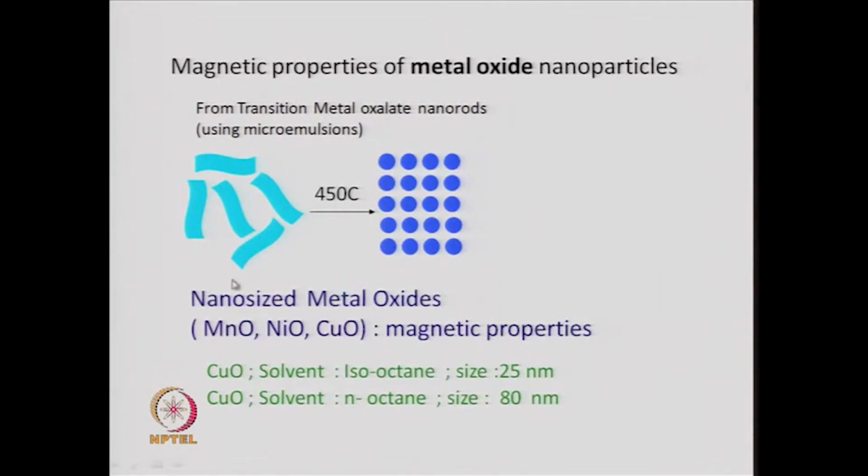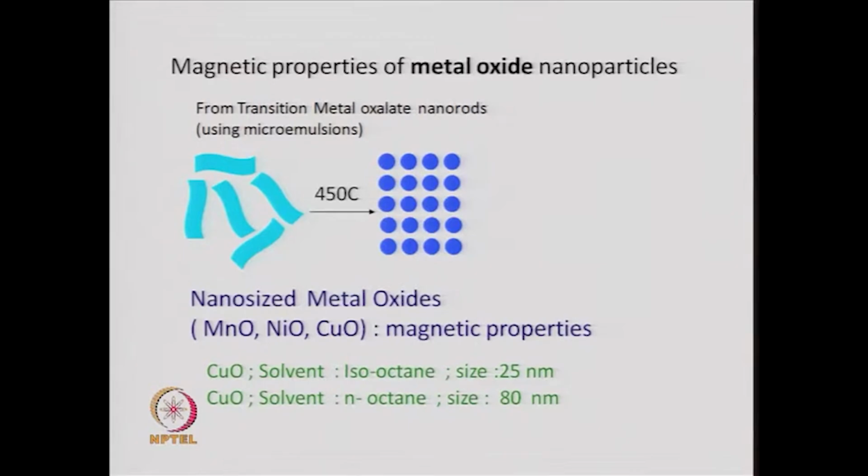Now, here we discuss how we are going to make these metal oxide nanoparticles, and one of the methods which has been used to a large extent is to first make transition metal oxalates and their nanostructures. Many reports are there where nano rods of transition metal oxalates have been made using microemulsions.